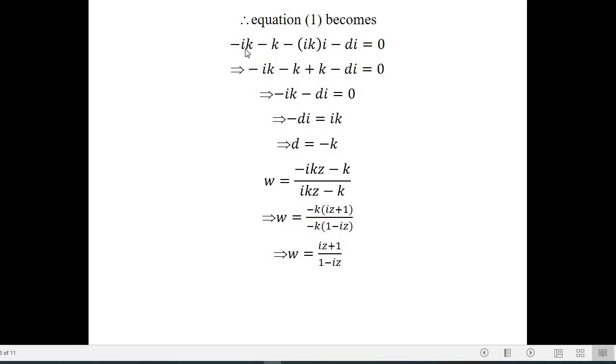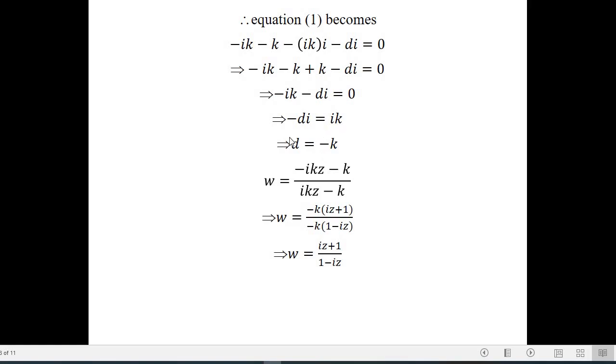So if I simplify this, minus ik minus k, k into i is i square. What is i square? Minus 1. So minus of minus becomes plus k minus di equal to 0. So here minus k plus k both get cancelled. We get minus ik minus di equal to 0. Take this term to RHS. Minus di is equal to ik. Both sides i get cancelled. Take this minus to RHS. We get d is equal to minus k. Now we get the 4 constants, that is a value, b value, c value and d value, in terms of k.